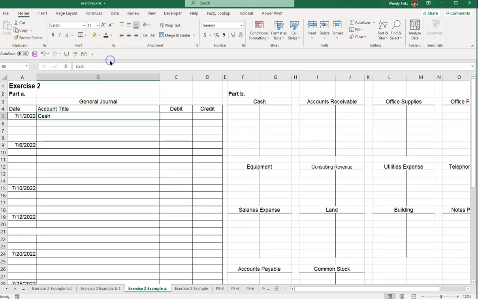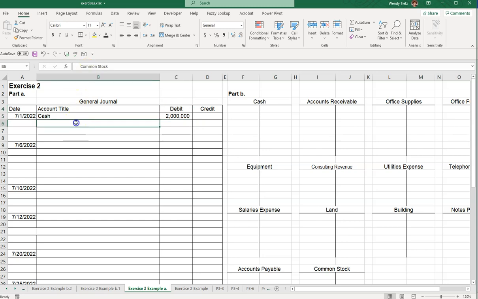So I can put cash as my account, and I know it's going to be for $2 million. So I can do cash for $2 million. And then the other account, and I know I'm going to debit it because I went through the table. Cash is an asset. Cash is increasing. To increase an asset, I debit it.